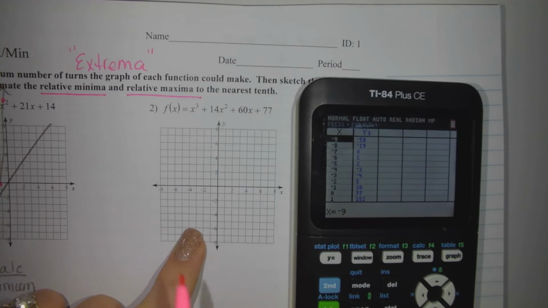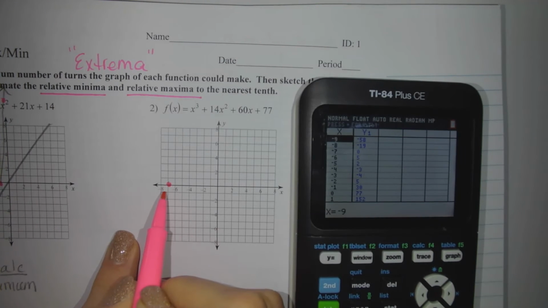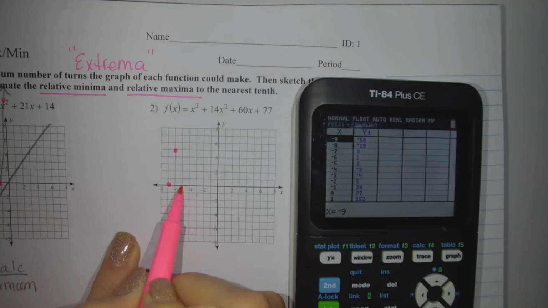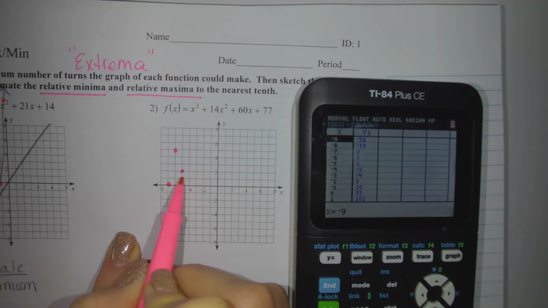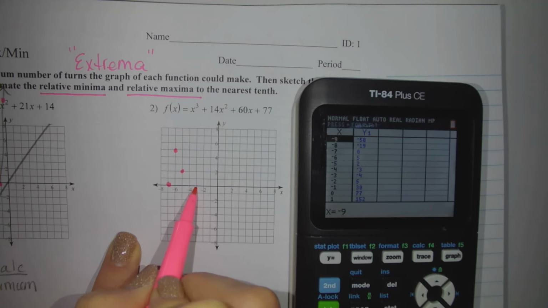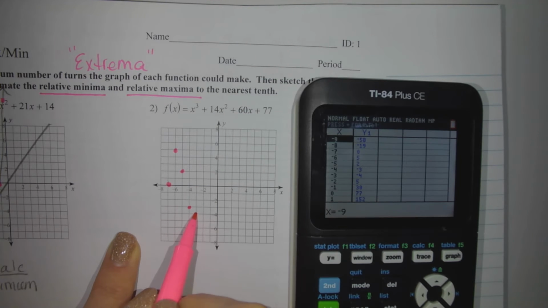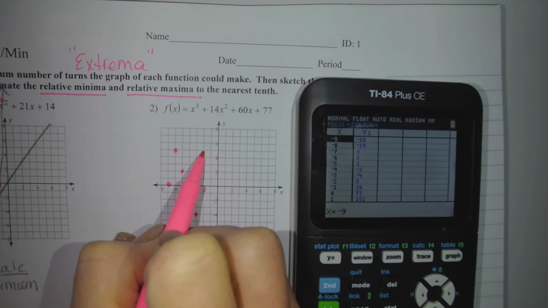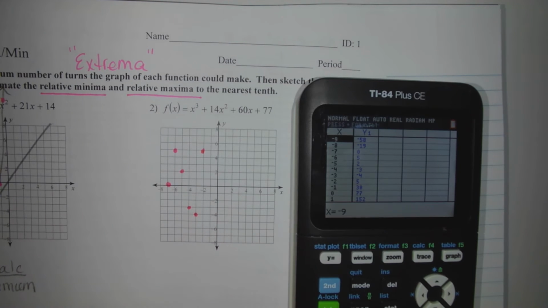So we have, let's see, -7, 0. -6, 5. -5, 2. -4, -3. -3. So crazy enough, look at those points.